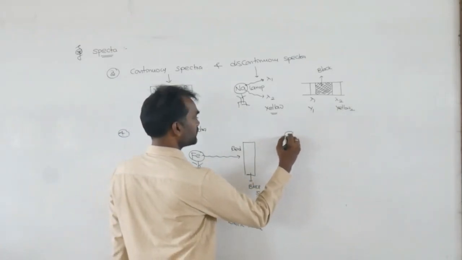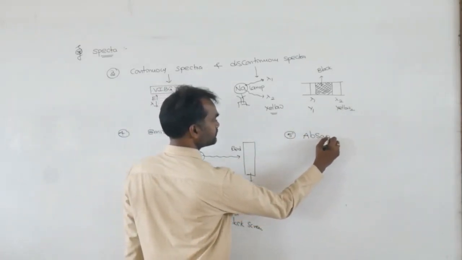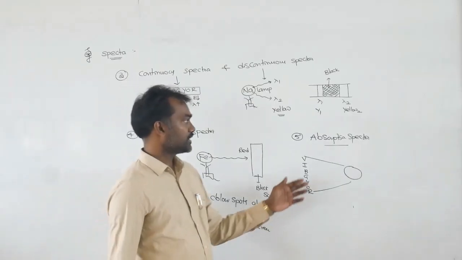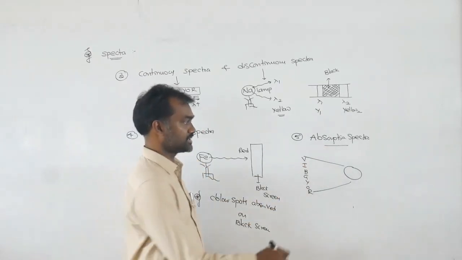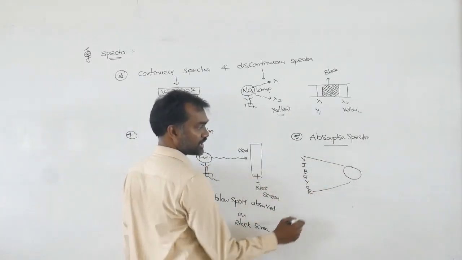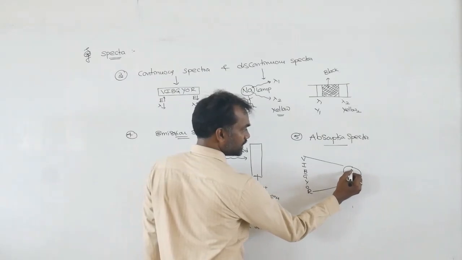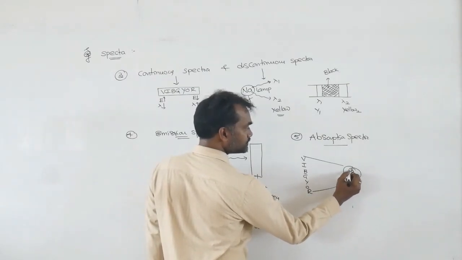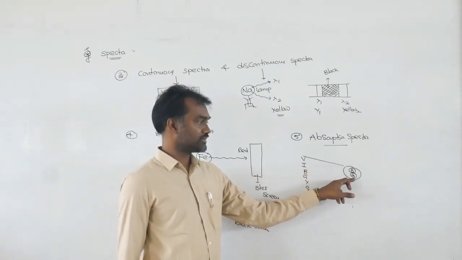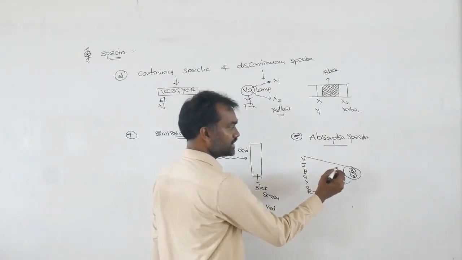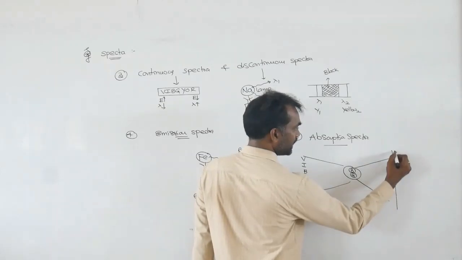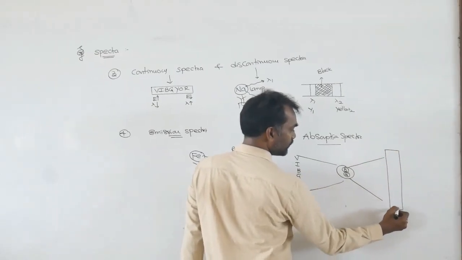Next, fifth, absorption spectra. Another one we are seeing: you take an object and focus white light on it. This material absorbs blue and green; some energy or some frequency of light is absorbed, and the remaining is emitted. The emitted light we take on a white screen.